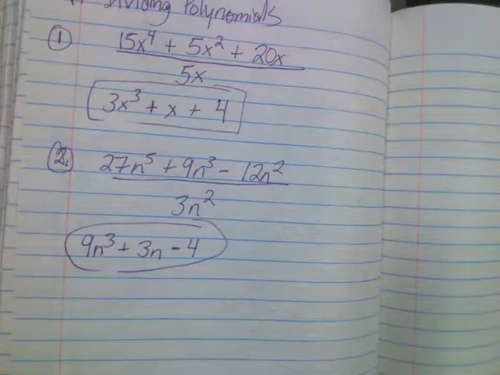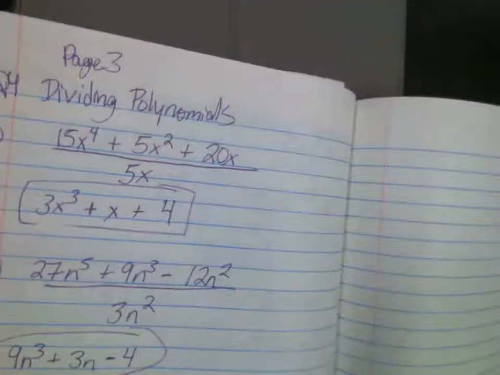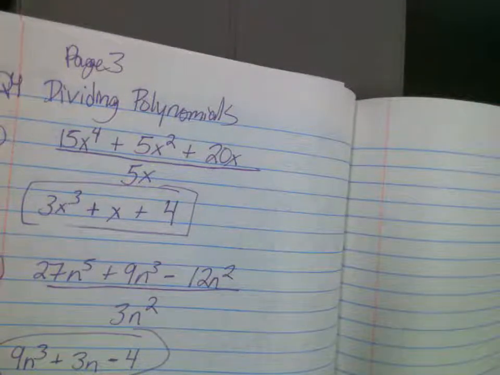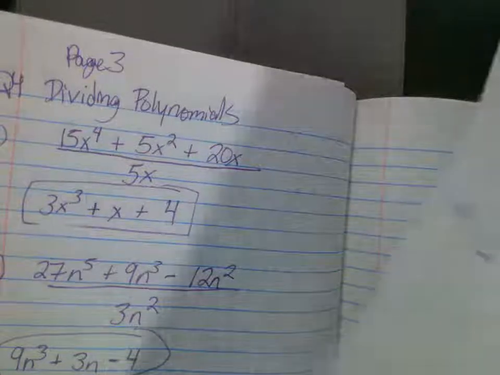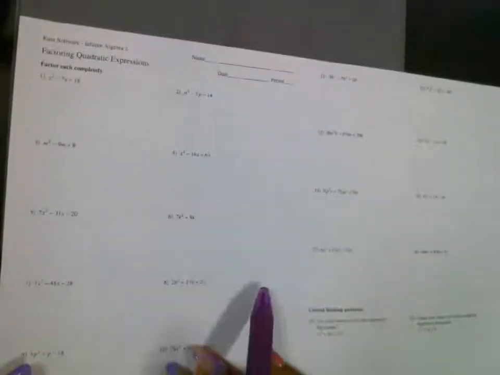Anybody lost? All right, I want you to use the rest of this time to make up work if you have makeup work. I'm going to give you this for practice for factoring. If you're finished with everything and don't have any makeup work, you can do this.